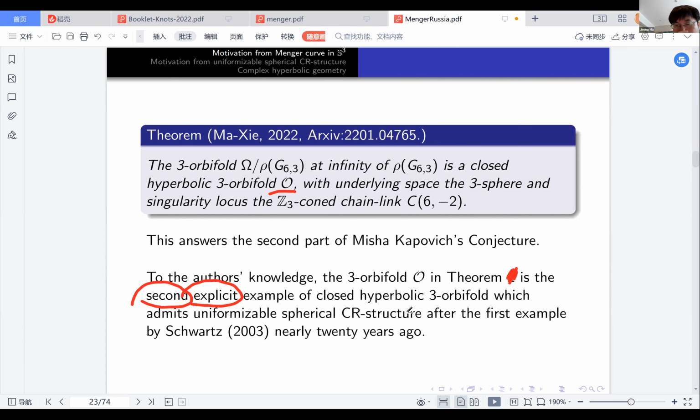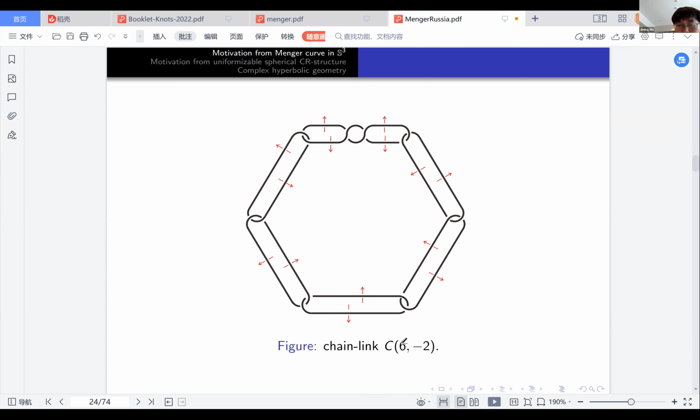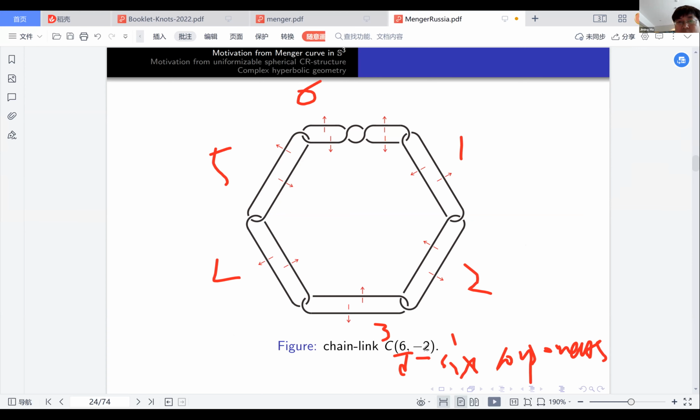So here is the chain link C6 minus 2. Here C6 means six components: 1, 2, 3, 4, 5, 6, right? And minus 2 means there is a twist here.